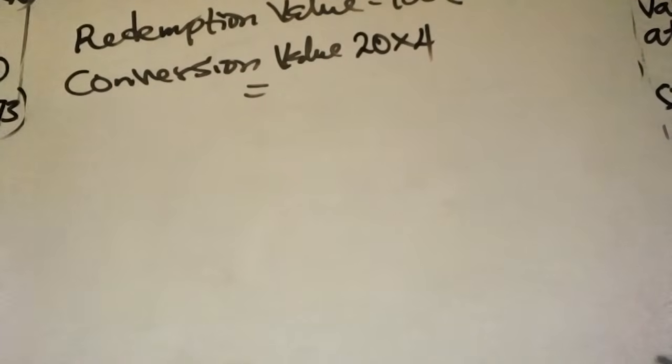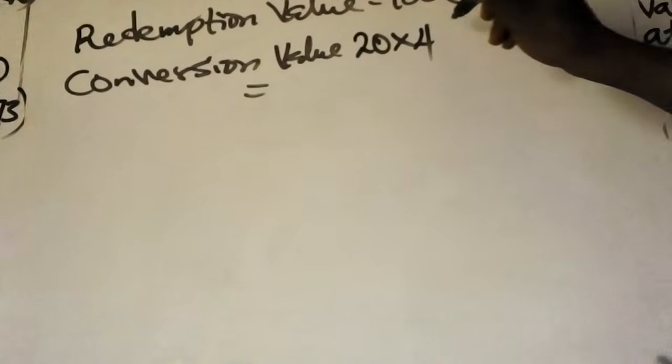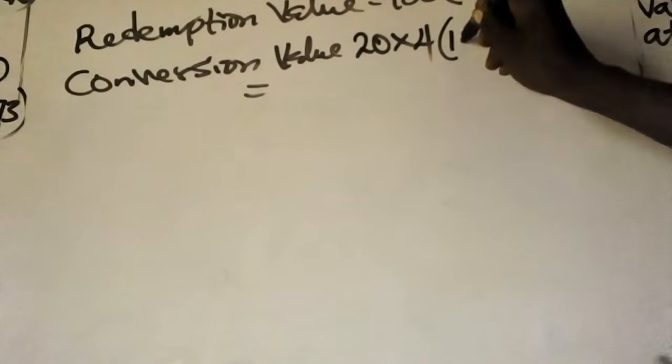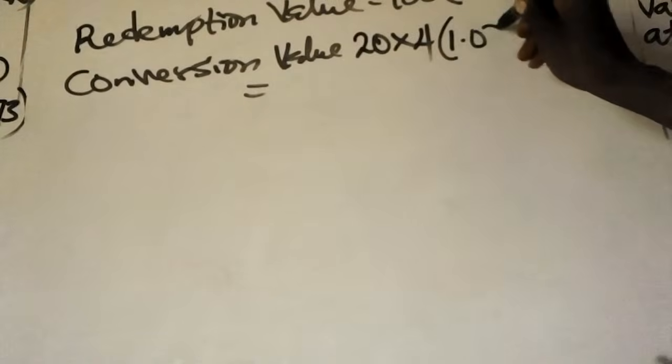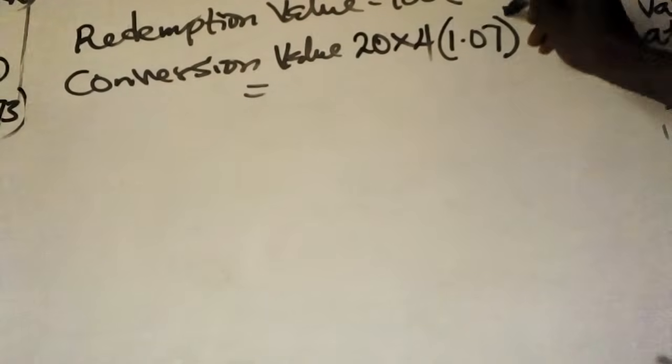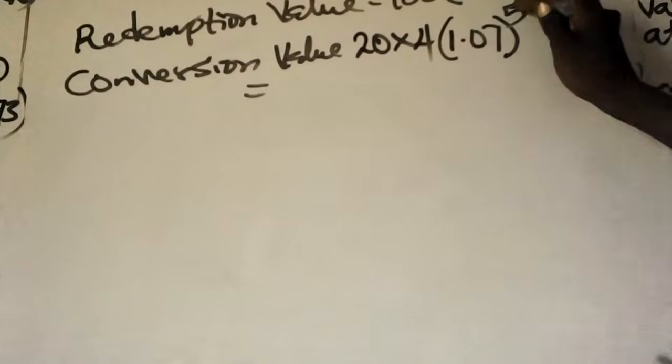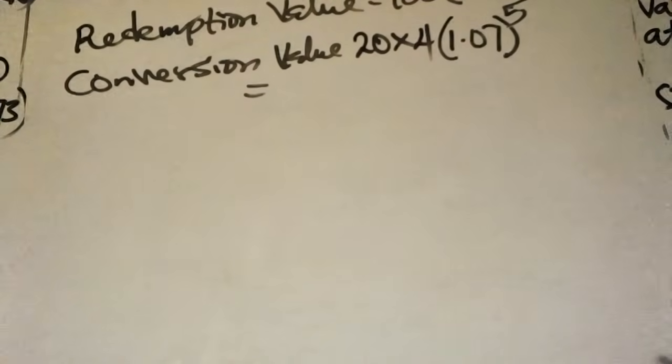So if it grows at 7% per annum, in 5 years what will be their value? You need to calculate the future value, that is the value at the end of the 5 years. So that will be 1.07 raised to power 5, which is 1.4025, multiplied by 20 multiplied by 4, that is 80.